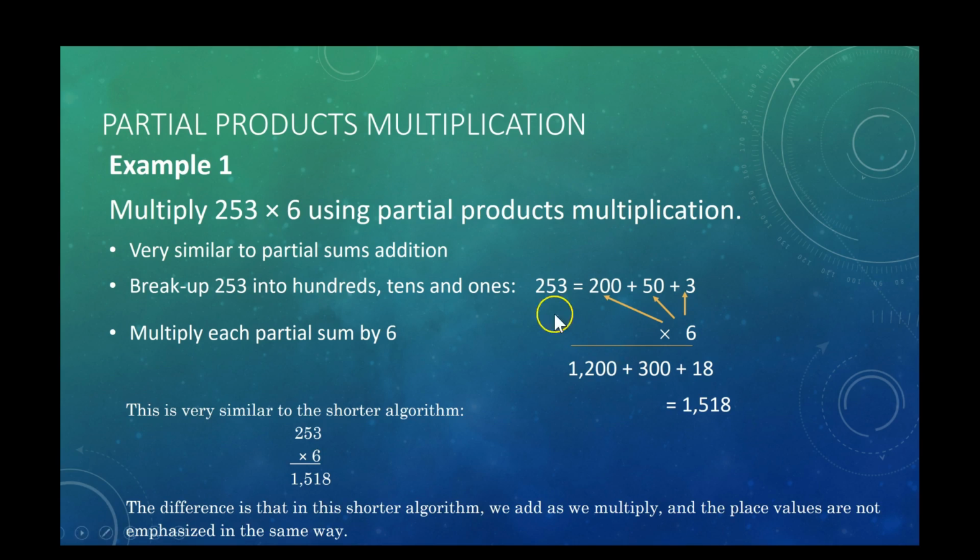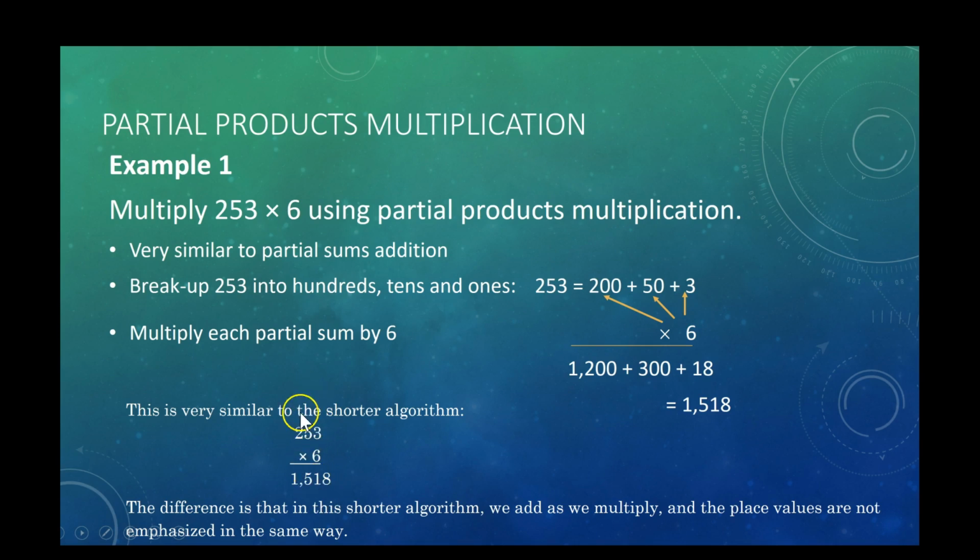This is very similar to the shorter algorithm we do, but in the shorter algorithm we add at the same time as we multiply. So listen to how you do it. I bet you remember sort of how to do this or totally how to do this. You do 6 times 3 is 18, put down the 8, carry the 1. Then you have to remember that 1 up there. 5 times 6 is 30, plus the 1 is 31.